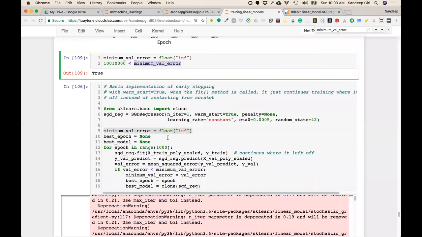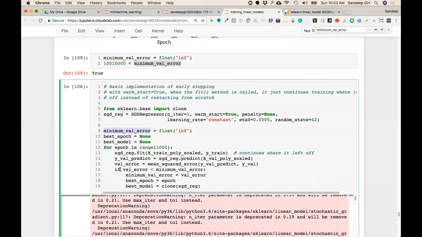Therefore, in the first iteration itself, it will get updated. If the validation error is lesser than the minimum validation error, then this value will be updated.